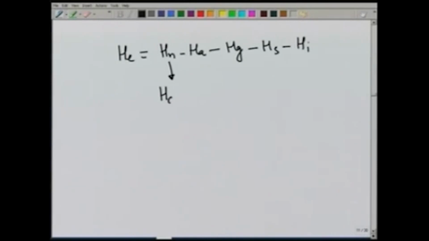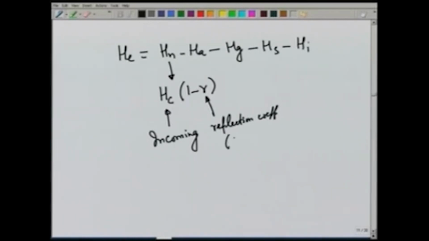So we can write this as Hc into 1 minus R. Now this Hc is incoming total, R is reflection coefficient, also popularly called albedo.